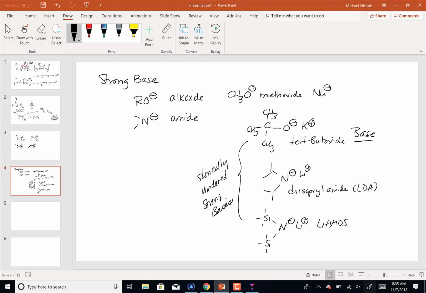So that's one way to have a strong base. There's another one that I use in problems, and that is NH2 minus, which is simply amide. Now, it's small, but for reasons that I'm not going to get into, and don't ask me because I'd have to make something up, and it may sound good or not, because I'm not quite sure I fully understand why, amide itself is not nucleophilic.